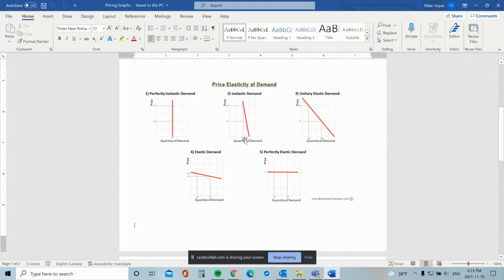It yields Q2 quantity. So again, what do we have? We have a situation where we have a large change in price that results in a small change in quantity demanded.